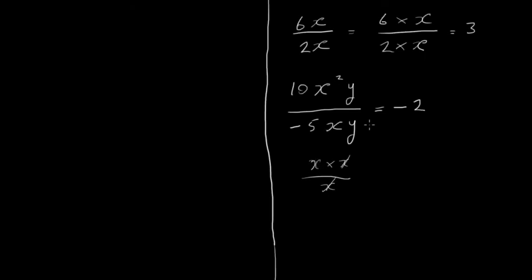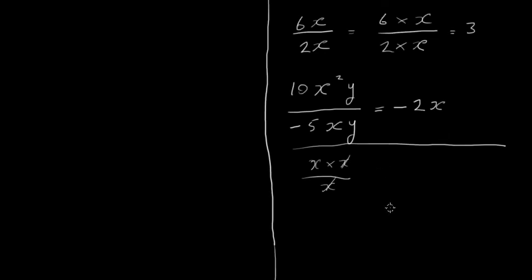So x squared divided by x will just give us x. And we have a y divided by y, which will just give us 1. So we have 1 times minus 2x, which is just minus 2x. So our answer is minus 2x.